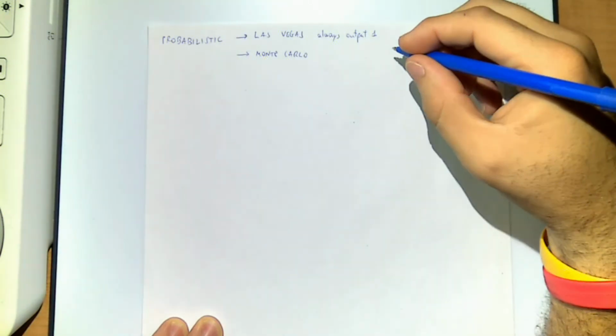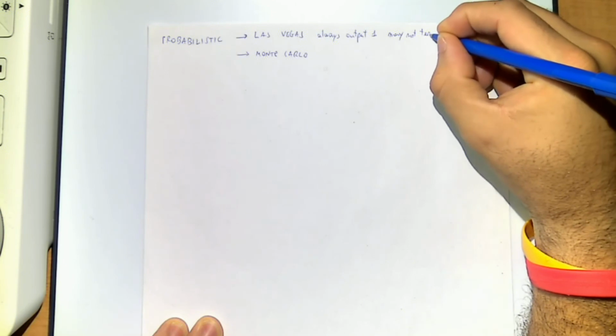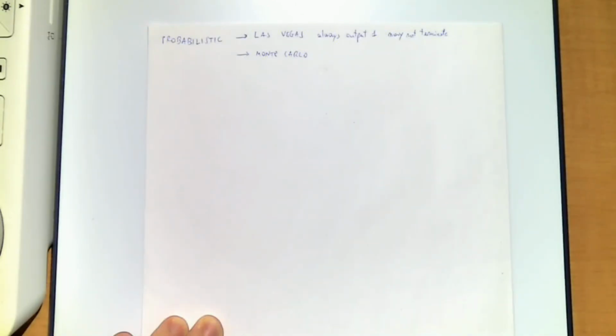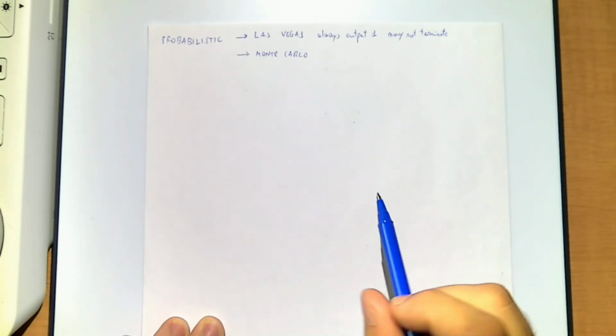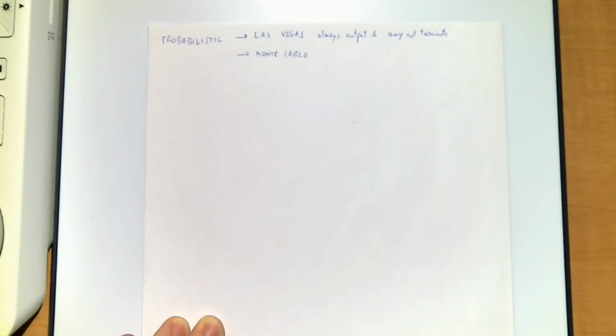Right? So they always succeed, but they may not terminate, or they may have a different running time. So in this case, the output is fixed and is always correct, but it may not terminate, or it may take a variable time.